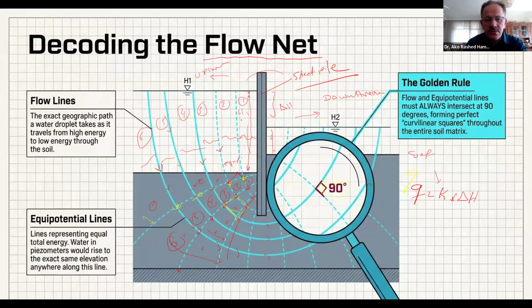It means the difference between the head of the water on this side minus the water on the other side, the difference between those two levels, delta H, times the number of the flow channels divided by the number of the drops.